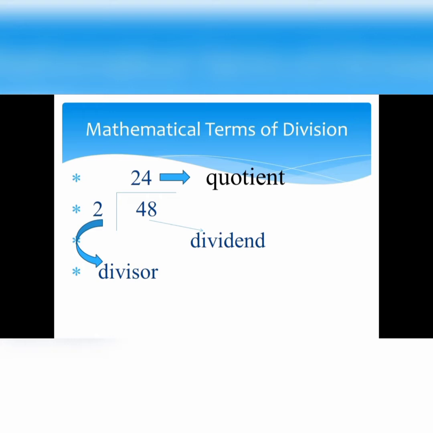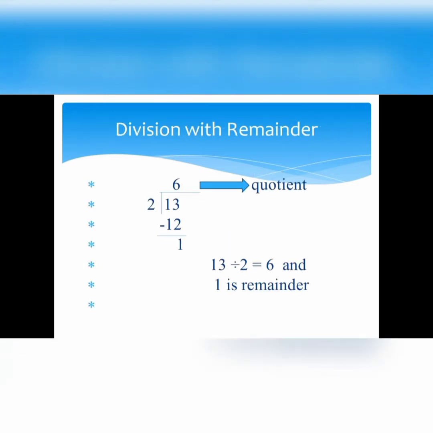Yes, very good. Now class, division with remainder. How can we solve this question? Look at the following division of a 2-digit number by a single-digit number with remainder by using short form. Step 1 is find out how many sets of 2 you can get in 13.